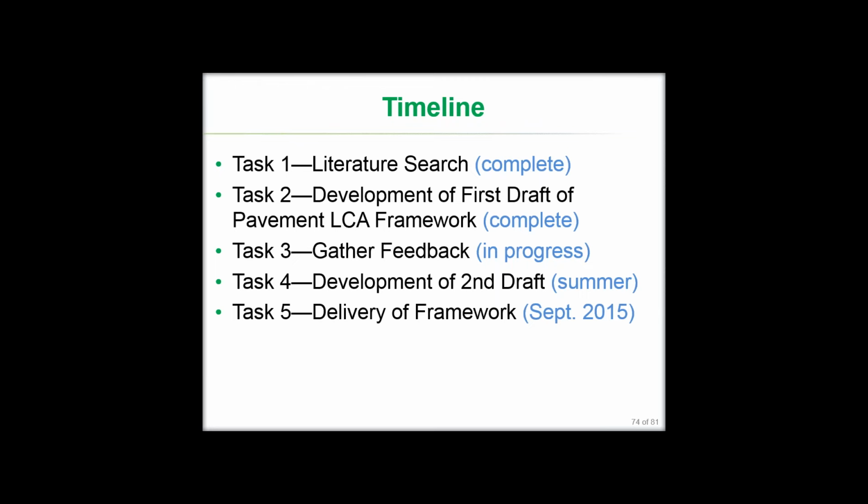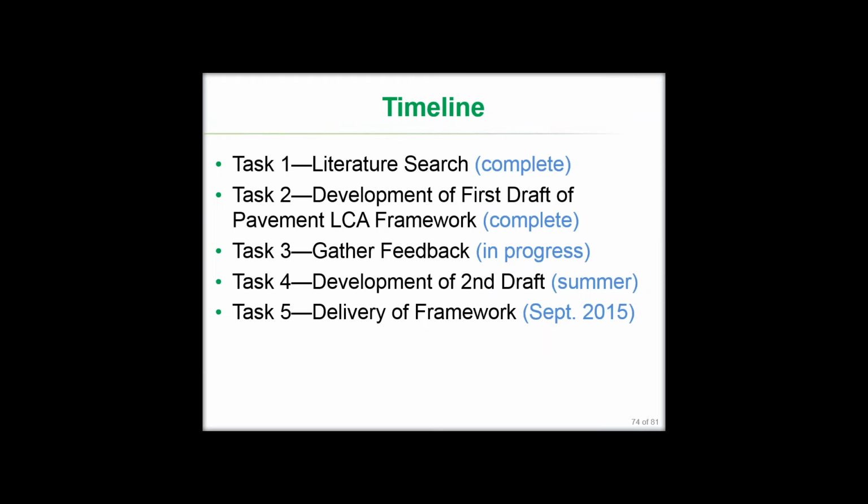Now, the timeline that we have here is that we are taking 5 steps. The last one, the actual delivery of the framework document. And as you see here in the slide, we already have completed several steps. There's a first draft available that is being shared with people involved in the Sustainable Pavement Technical Working Group as part of this project.